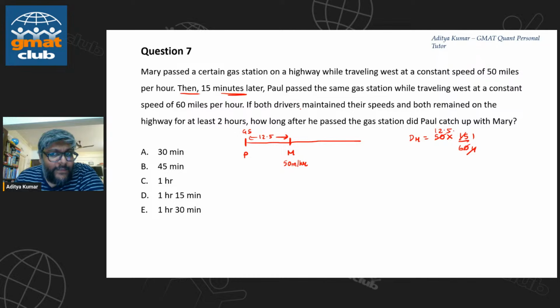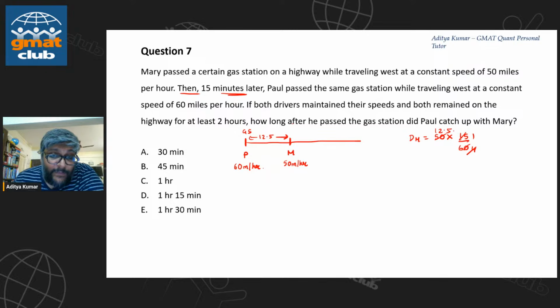Paul passed the same gas station while traveling west at a constant speed of 60 miles per hour. That's what I have. If both drivers maintain their speeds, so they're not changing their speeds, and both remained on the highway for at least 2 hours, so for the next 2 hours there are no stoppages, how long after he passed the gas station did Paul catch up with Mary?